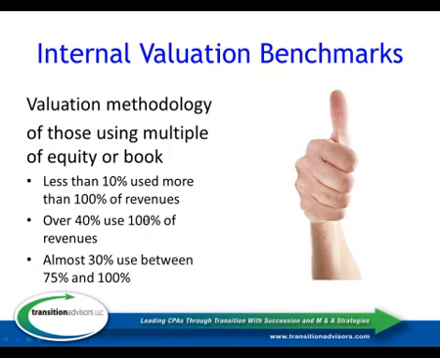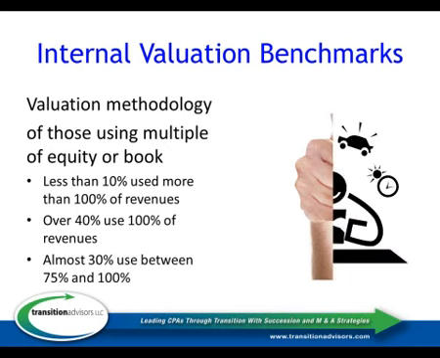About 40% still use 1 times revenues, and almost 30% use between 75 and 100, with the rest actually using less than 75. The trend is definitely down nationally. Most of the national firms that use something similar to a revenue-based system for valuing the firm are somewhere between 65 and 80%.